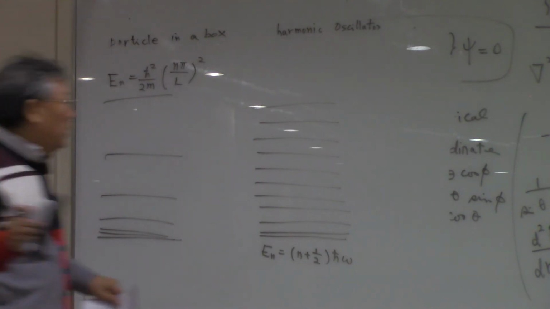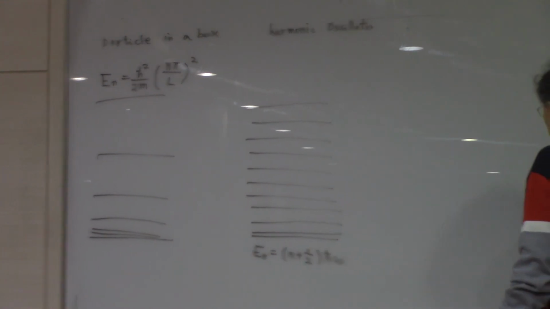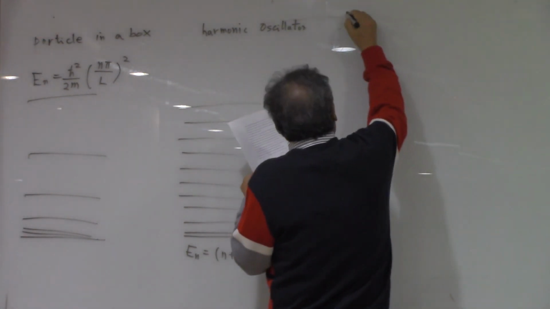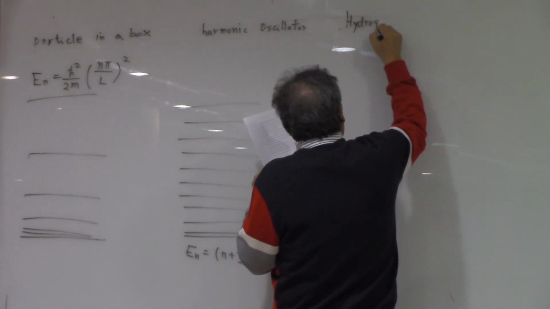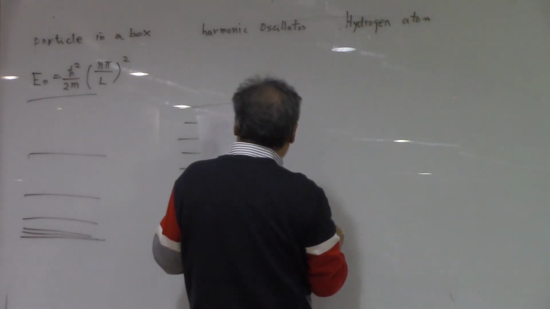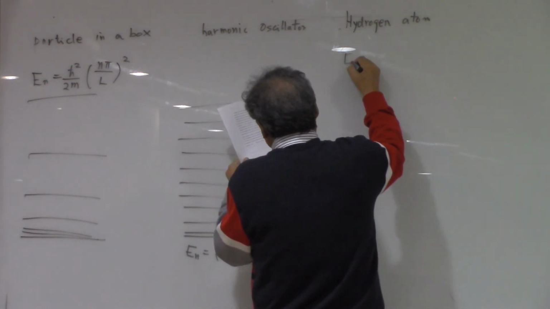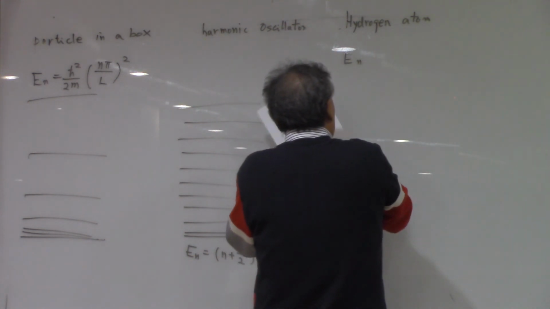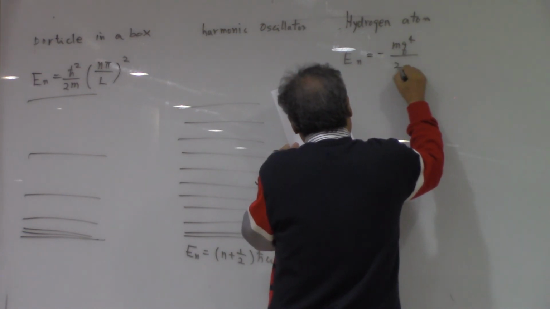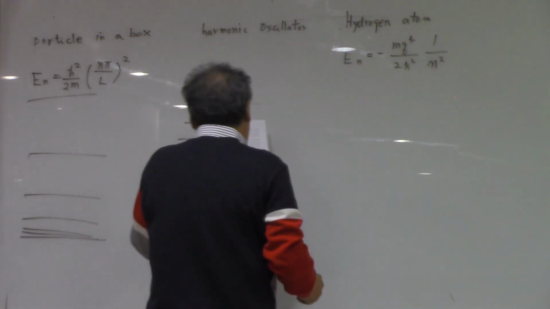Now in hydrogenic atoms, if I solve this, from the principal quantum number, the energy in this case is m q to the fourth over 2 h bar square, times 1 over n squared, something like that.